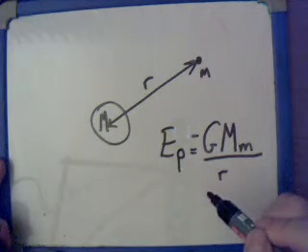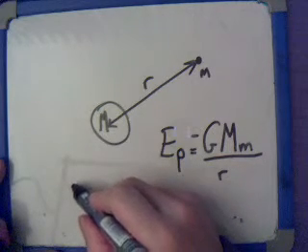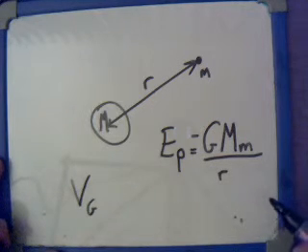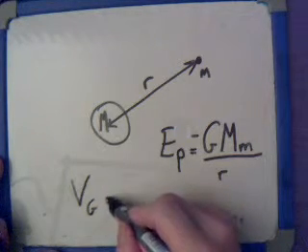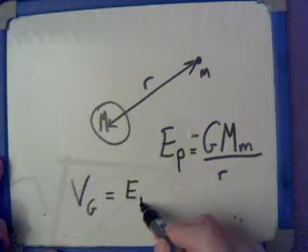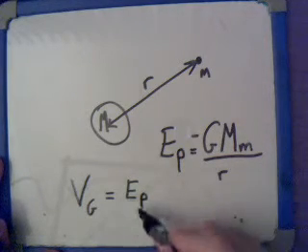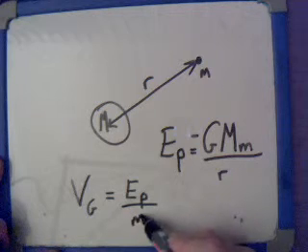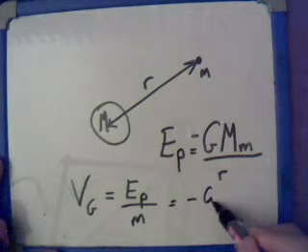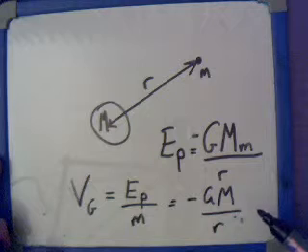The gravitational potential, let's call it Vg, is defined as the potential energy per unit mass for a small object, so that's EP divided by m, which gives us minus GM over r.